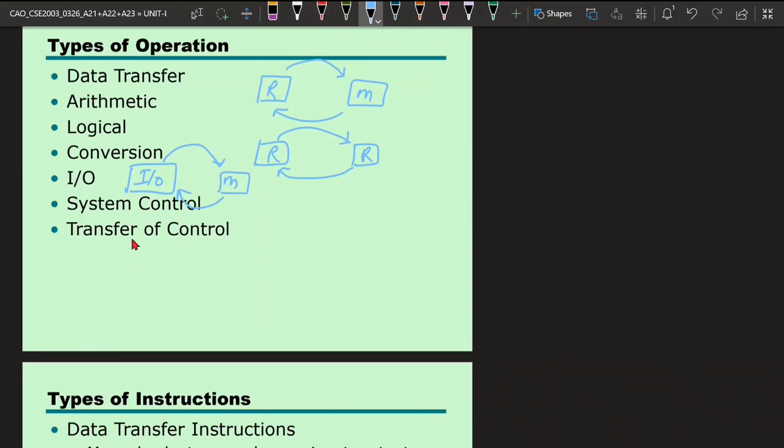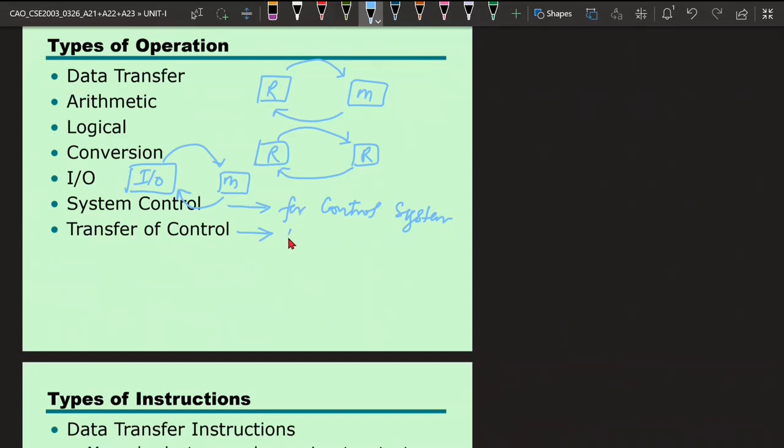And system control and transfer of control. System control means that for controlling different operations of the CPU, there are some system control related operations. Transfer of control is based on different instructions for transferring the control to a particular peripheral device.